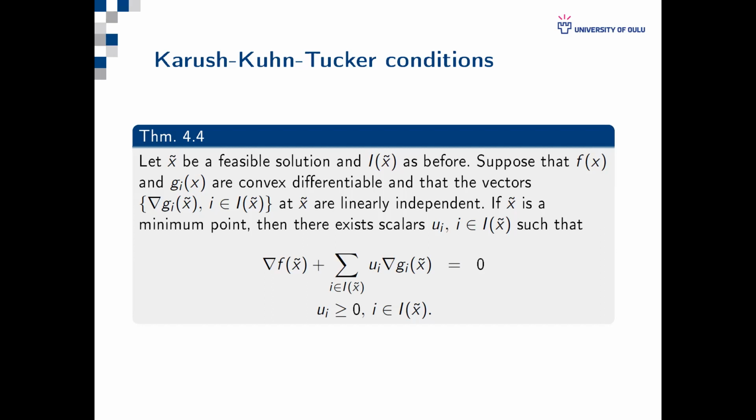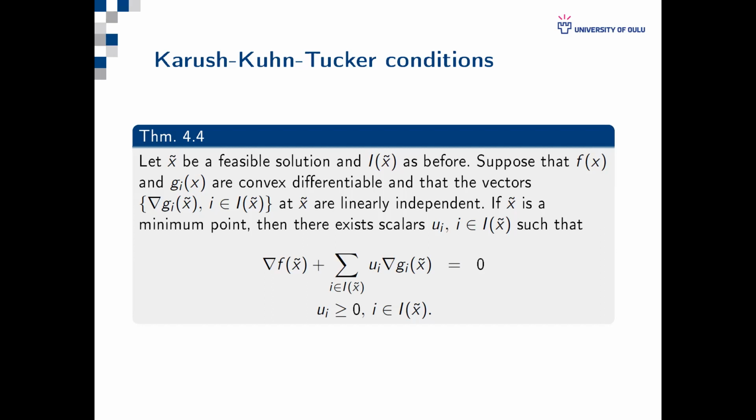Once again, you can drop one of these lines, because a point in the plane is defined by the intersection of exactly two lines. So we can always make this assumption, that we can take a linearly independent set of vectors from those gradients which are active at the point x tilde.